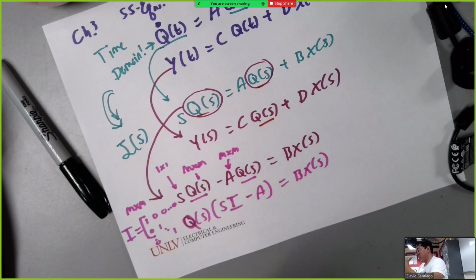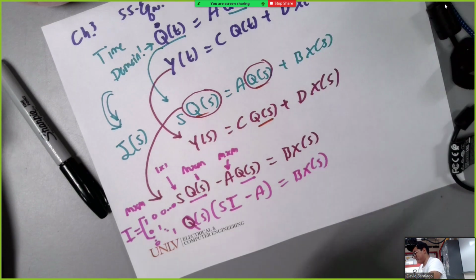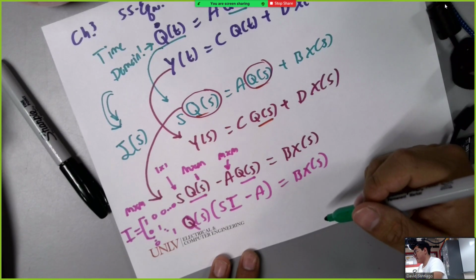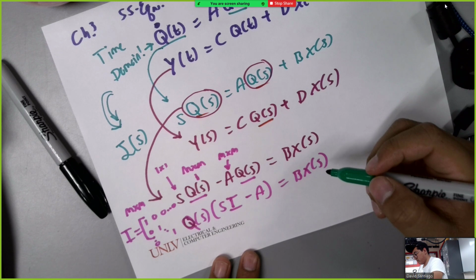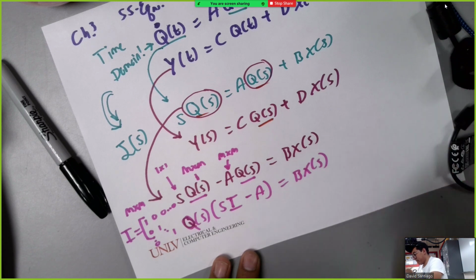Once you start putting in the matrices, you have these 2x1s, these 2x2s, and that's where it gets ugly, because if you displace them, you screw up all your math.